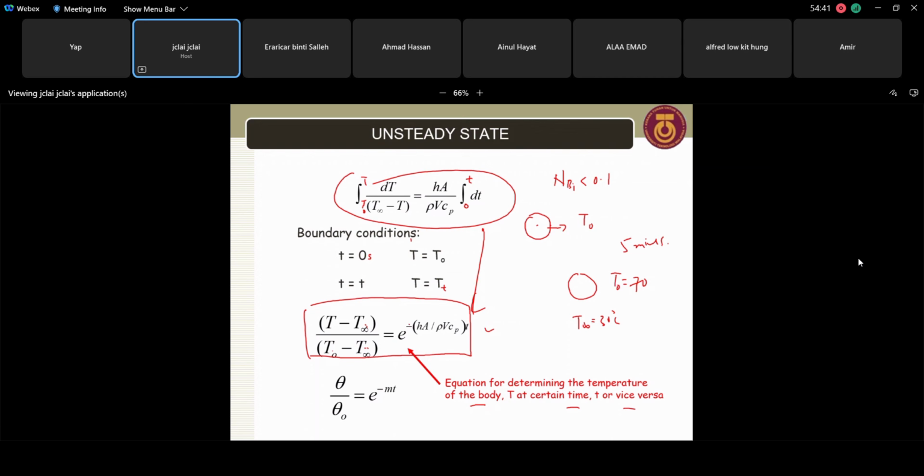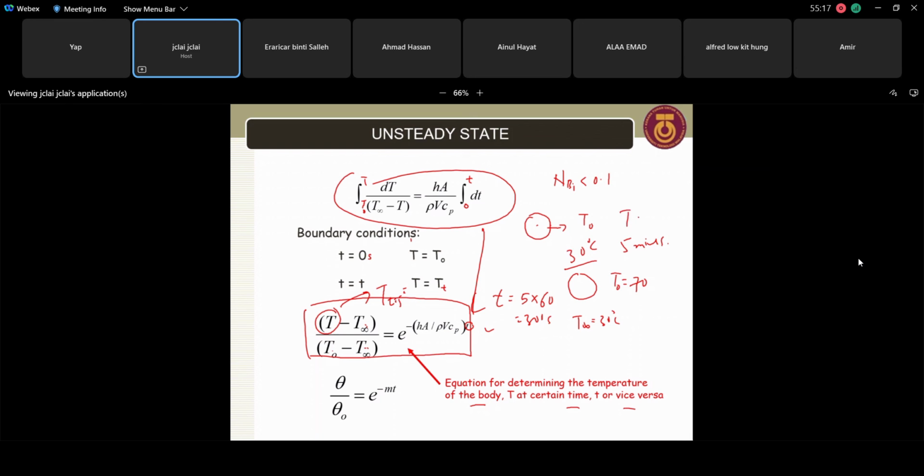Then you can insert t, which must be in seconds. So you must multiply 5 by 60, 300 seconds. Substitute all this into this equation, then you will get the T after 5 minutes. Or vice versa. Okay, let's say I want to cool my copper ball to 30 degrees Celsius. How much time is needed, right?